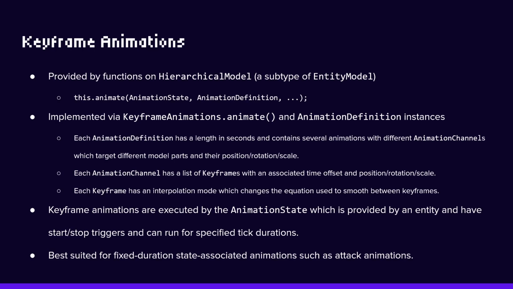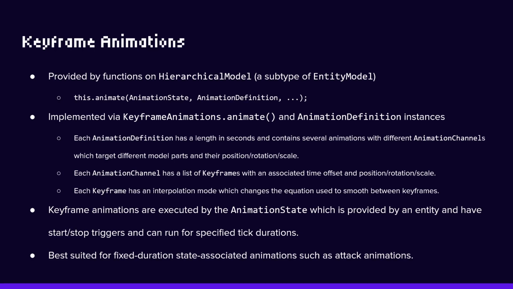The animations aren't data or JSON files, they're just Java code. So you have the KeyframeAnimations.animate method, which is what actually does the animation. But in order to implement an animation on an entity model, you have to make sure it's a subtype of HierarchicalModel, which is basically a model that uses bones or groups in the same way that we just did with the lizard. You extend that and specify a root model, and it adds a bunch of methods like the animate method.